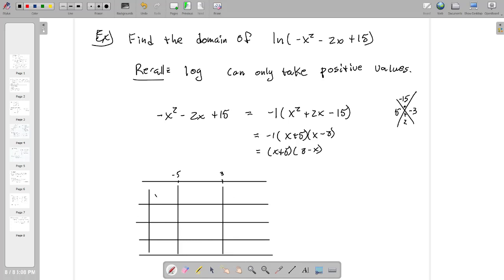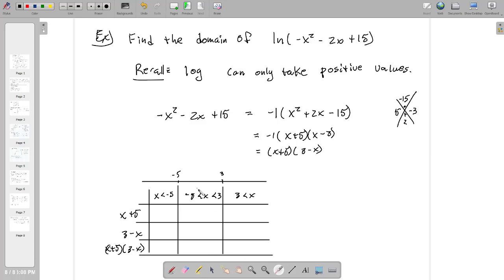So here we have that x is less than -5, x is between -5 and 3, and x is greater than 3. We list our factors over here, x plus 5 and 3 minus x, and then our entire product, which is x plus 5 times 3 minus x.